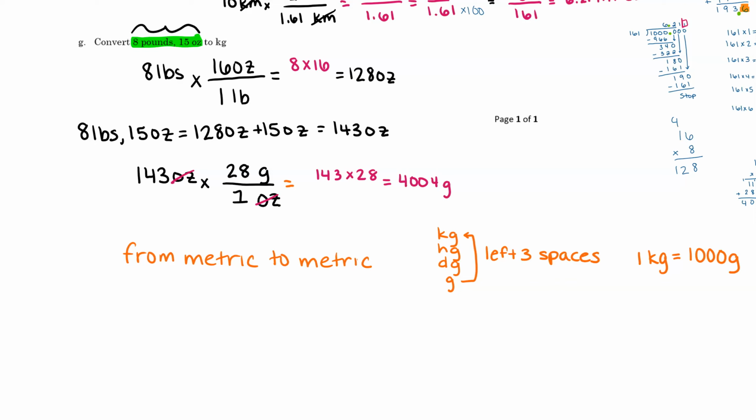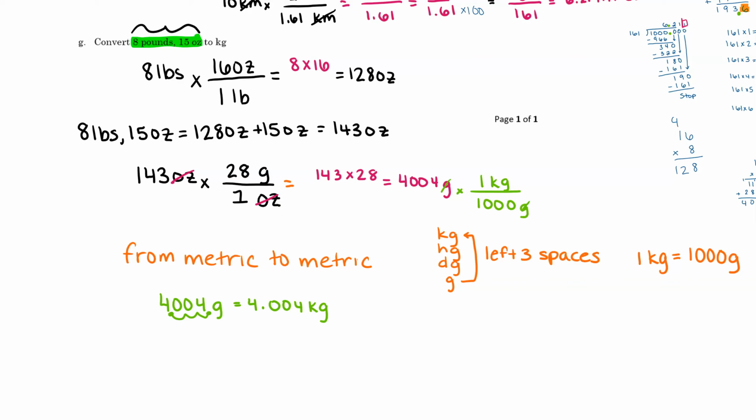Now, we didn't want grams, we wanted kilograms. So either you know that 4,004 grams, we take the decimal and go 1, 2, 3 to the left and get 4.004 kilograms, right? Or you use this conversion. We know that 1 kilogram is equal to 1,000 grams.